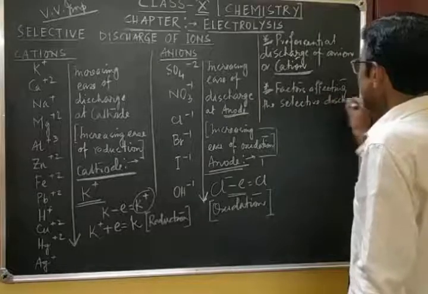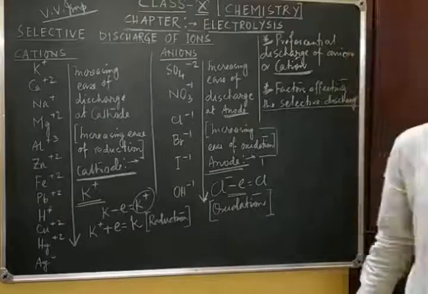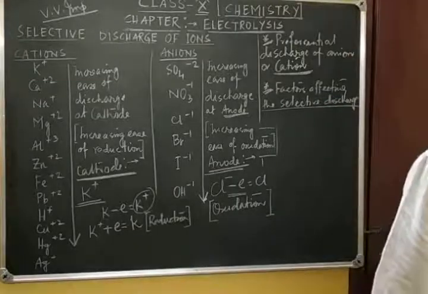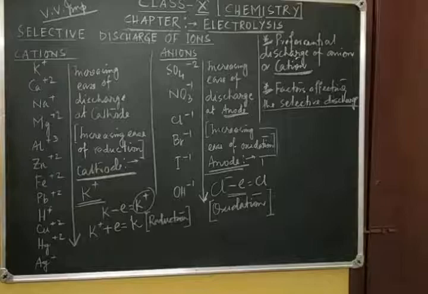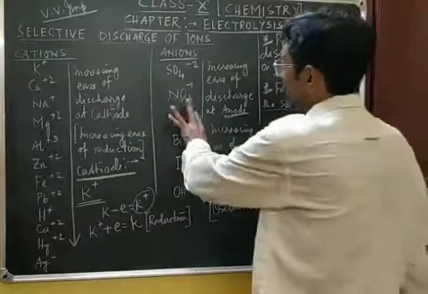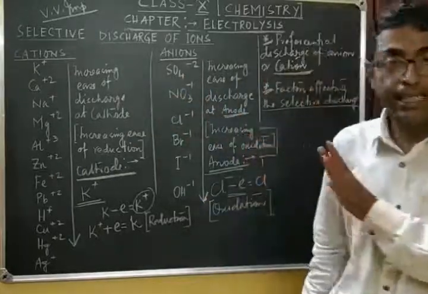Remember, in the exam they can give preferential discharge also. So number one factor: position of anion or cation in the activity series.